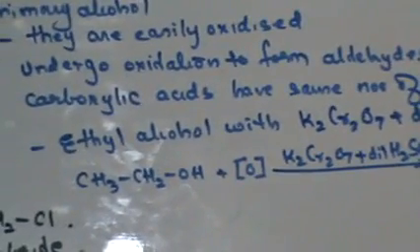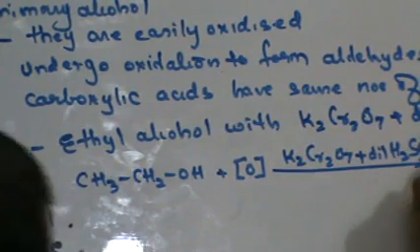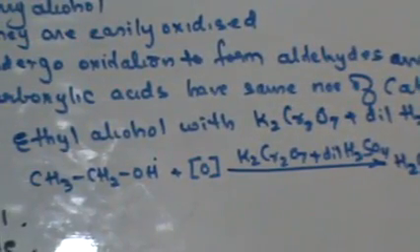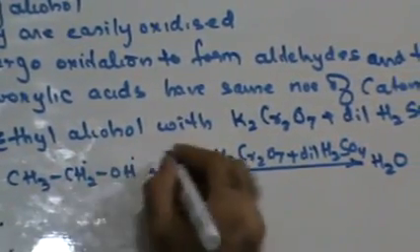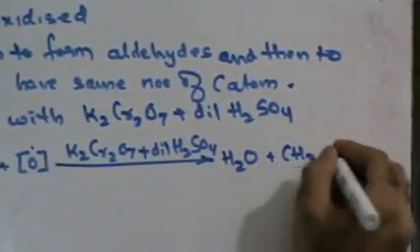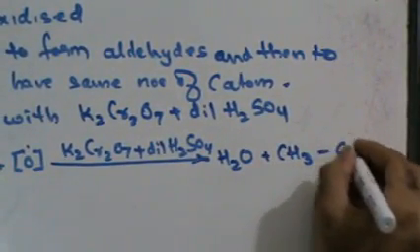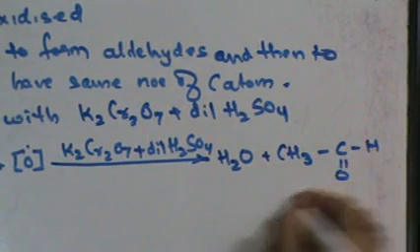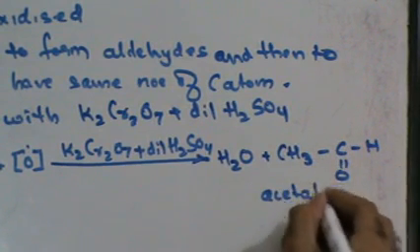So as we said, they easily undergo oxidation to form aldehydes. You would have a dehydration reaction taking place, H and O. So that will give you H and O. So in that case, you will get CH3CHO, acetaldehyde.